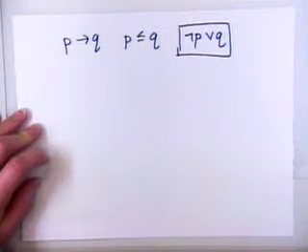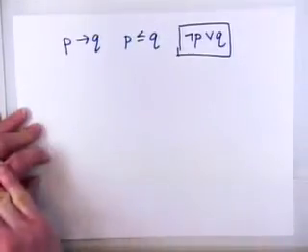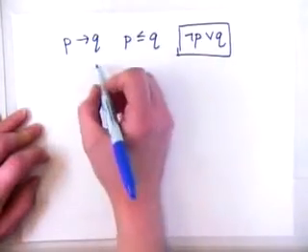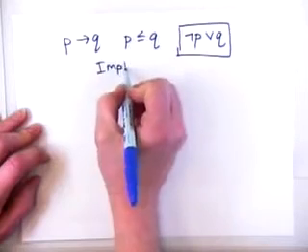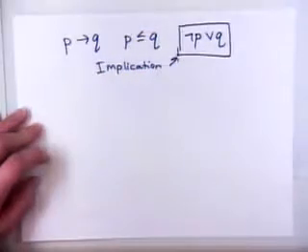So P implies Q is true when either P is false or Q is true. So if I tell you if it rains, I'm going to get wet, then either it didn't rain or I got wet. So this has a lot of rules associated with these definitions. The first one is the implication rule, which says that P implies Q is logically equivalent to not P or Q.